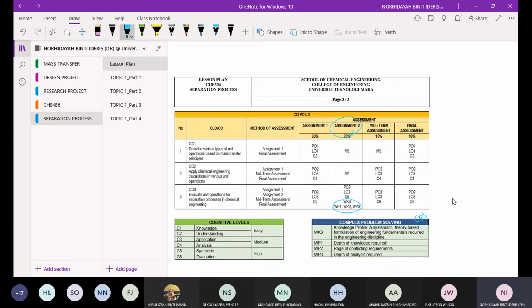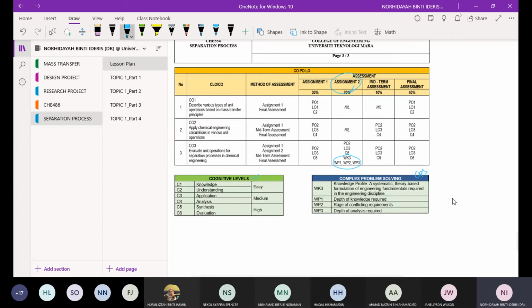All right, back to CO1 and PO1 here. So this is the cognitive level. We level cognitive as C1 until C6. Looking at the previous questions, usually PO1 and CO1 map to C1 and C2.